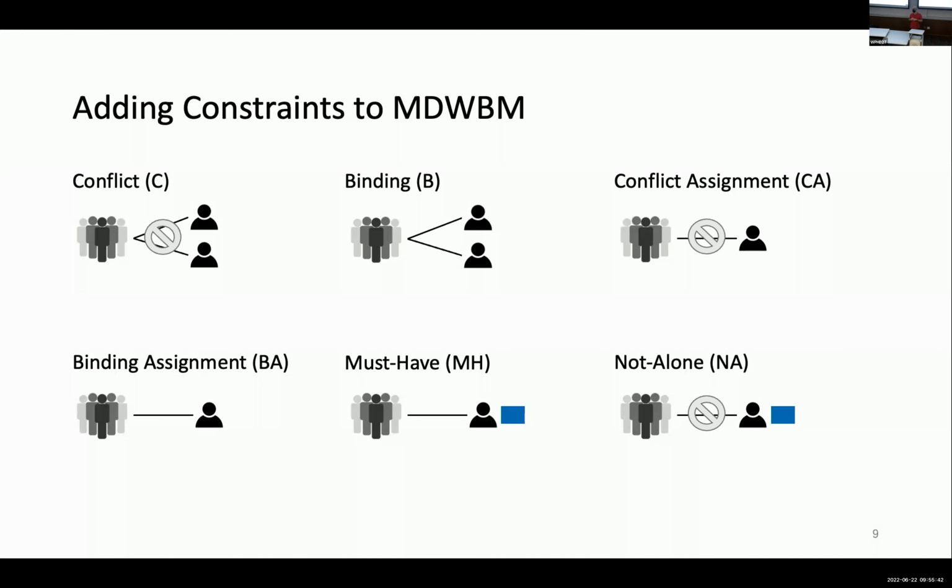And the third one, a final one, is a not alone constraint, which says for a given feature value, we either want to have 0 people with that value on the team, or we want to have more than E. So for example, again, in the context of assembling student engineering teams, it's sometimes the case that we want to make sure there's either 0 women or more than 2 on one of these teams. It helps with the dynamics.